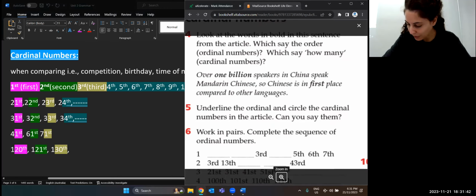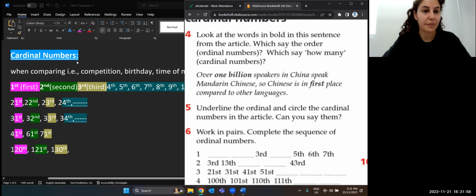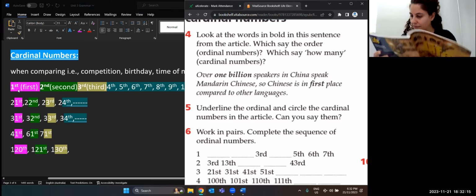Okay, so I'll give you a moment to go back to the article and underline. So remember, that means put a line under the words, the cardinal numbers, sorry. So I'll give you a moment to do that. So wherever you find in the article, I can already see it said third, first, what else?